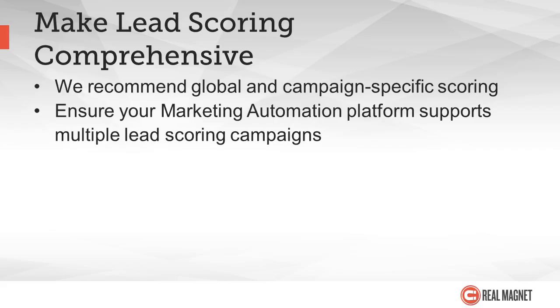But you're also, in certain instances, going to want to do lead scoring by campaigns or by initiatives. So that's very important. And when you are doing your due diligence on a marketing automation platform, it's a very important question to ask, because not every marketing automation platform will allow you to do multiple campaigns.